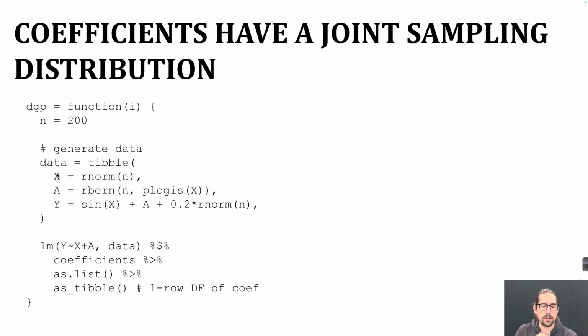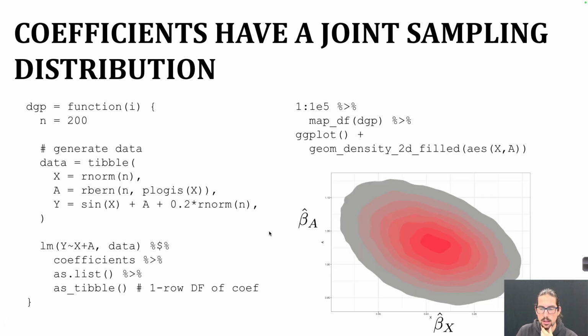Now instead of a single predictor x, I have two, x and a, and then I have y being generated as some function of x and a, and then I run a linear regression of y on x plus a, and I get the coefficients. I can repeat that many times, and then plot the approximate density of all of those coefficient measurements that I got.